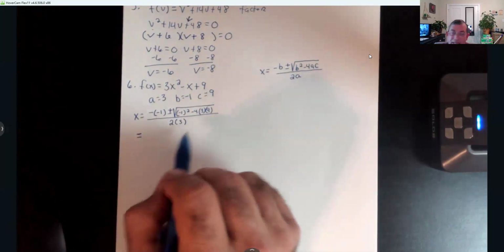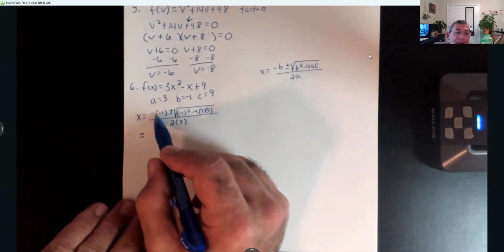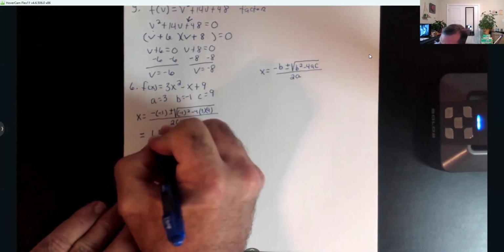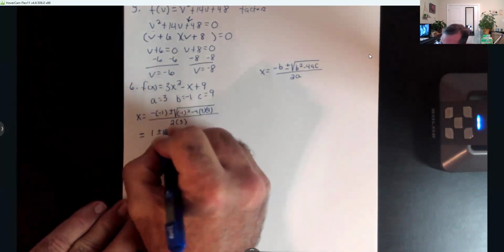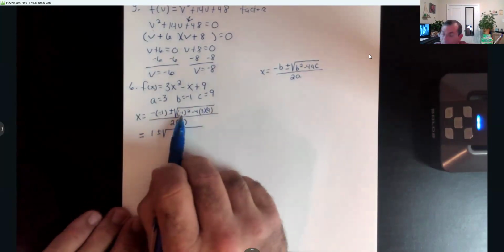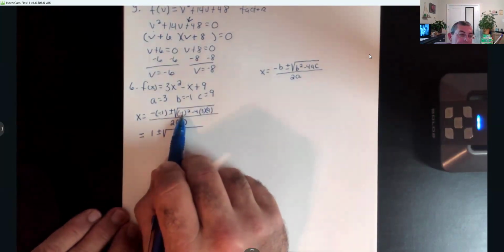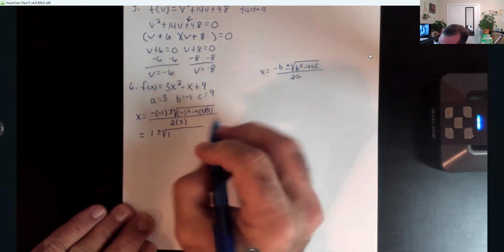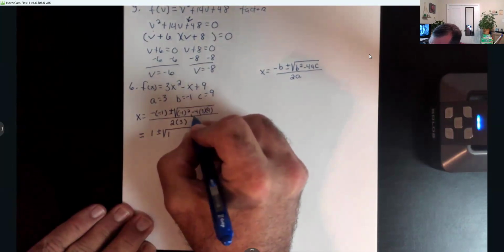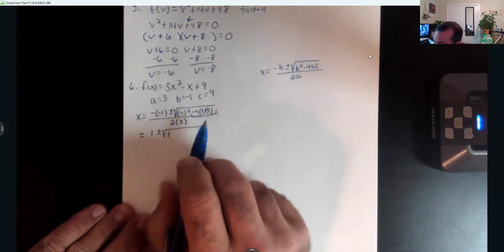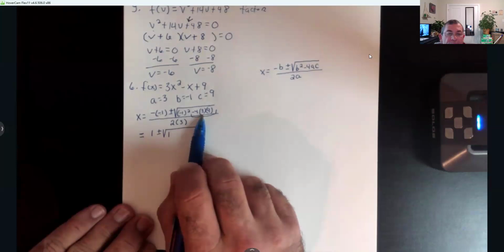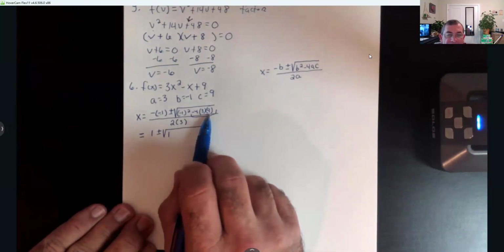All right, y'all, so now it's just time to start simplifying. The negative times -1 makes that a +1, plus or minus the radical. (-1) squared is -1 times -1, so that's going to give you a +1. Now, everything over here is getting multiplied. So you got a -4 times 3 times 9.